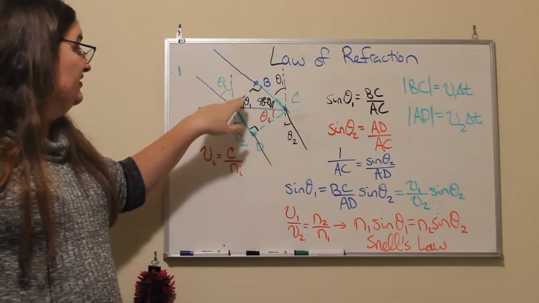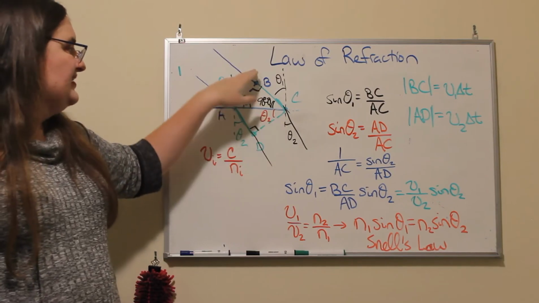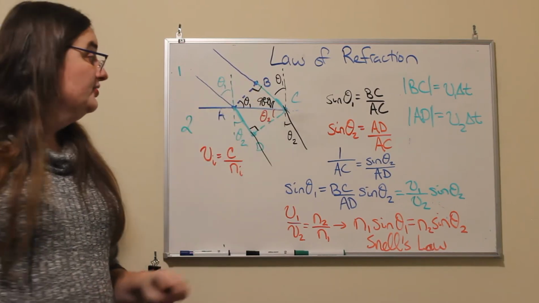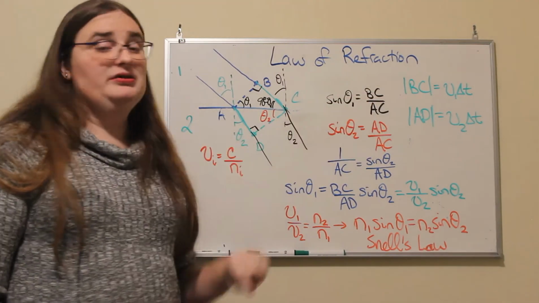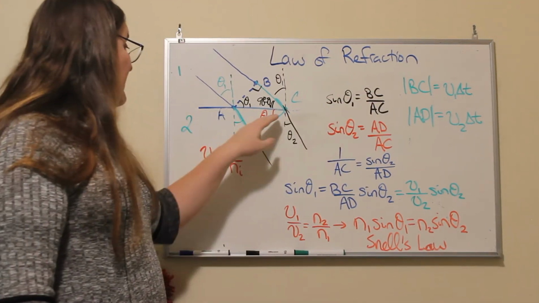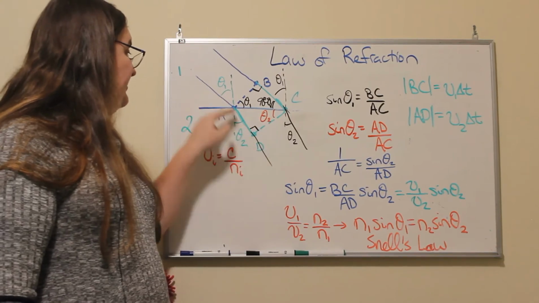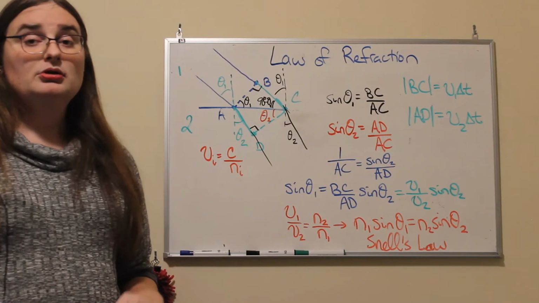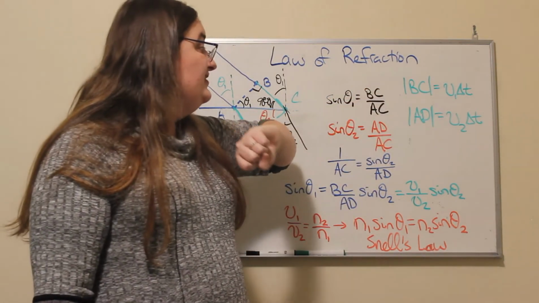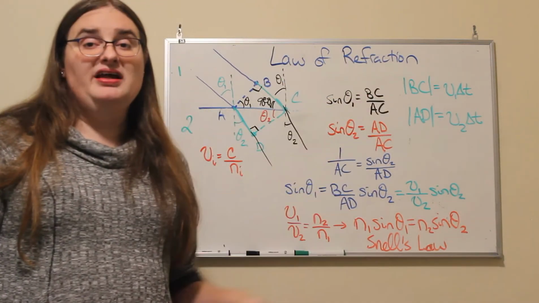So if I take a look at theta 1, the opposite side is side BC. So the sine of angle 1 is going to be BC over AC. And the sine of theta 2 is going to be side AD over AC. Well, AD and BC have different lengths.